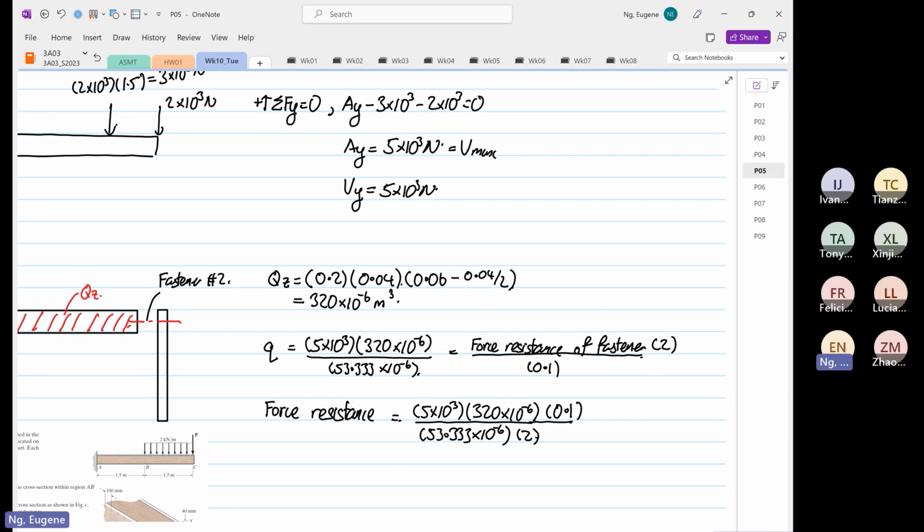So the force resistance of the fastener is equal to 1.5 times 10 to the power 3 Newton.